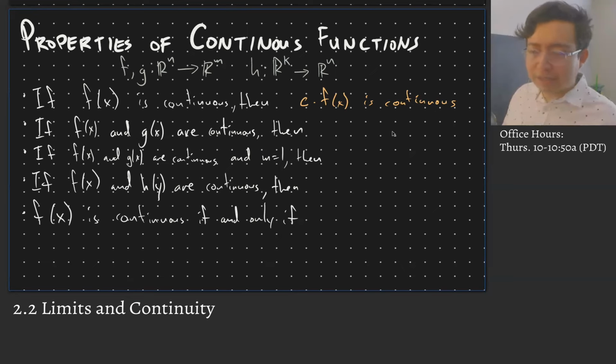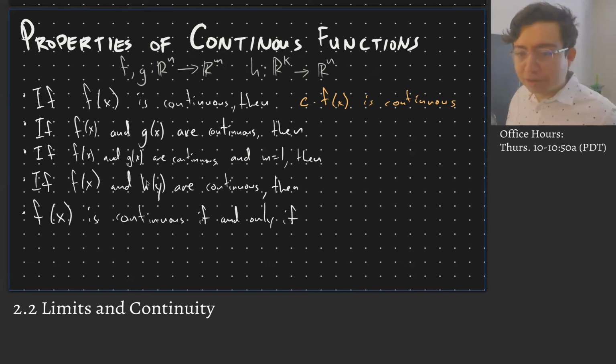And these are going to, like I said, look similar to the properties of limits because they're based on the properties of limits. Remember, being continuous is defined using limits, right? And so it makes sense that all of these properties are going to be very similar.